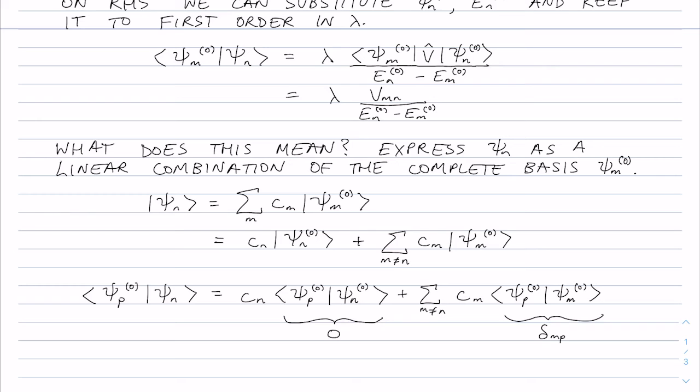So it's only non-zero when p equals m, and that will give us that psi p naught psi n is equal to Cp, p not equal to n.